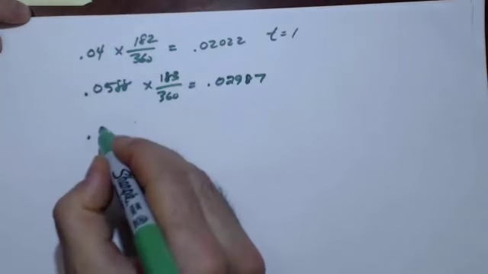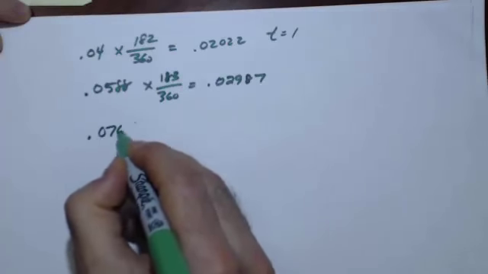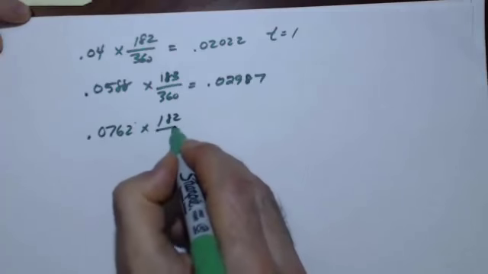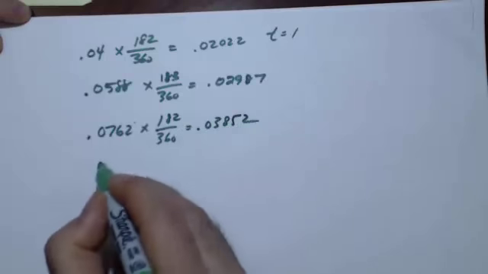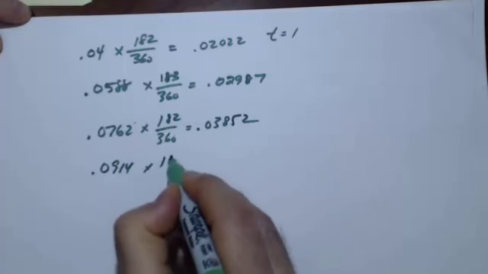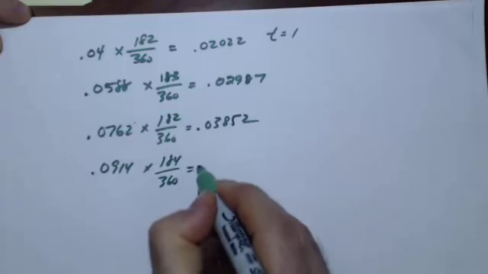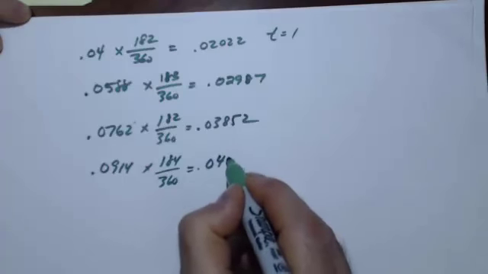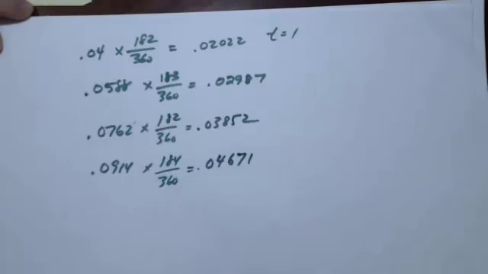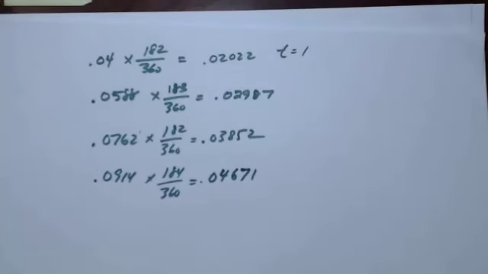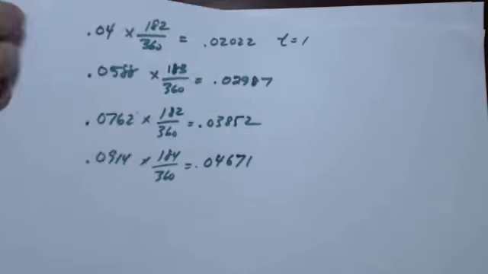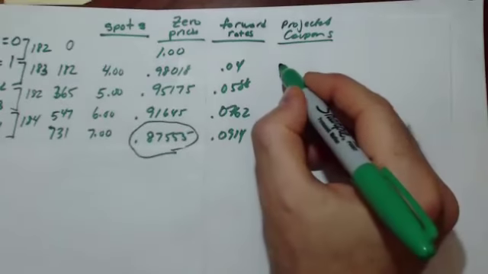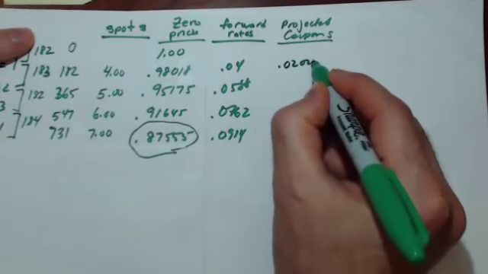And then the next interest rate, okay, so now we have our projected coupons. Okay, and I'm going to fill in that column. 0.02022.